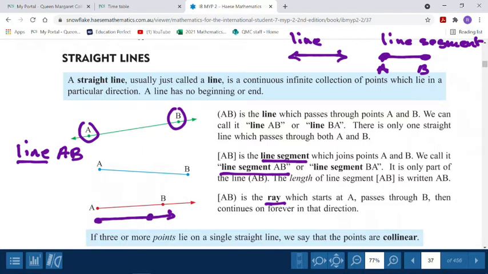Generally, we label another point on the ray so that you can name it. So here, this is ray AB. Now, I want to point out some mathematical symbols. Look at the line. Again, what do we know about the line? Goes on infinitely in what?